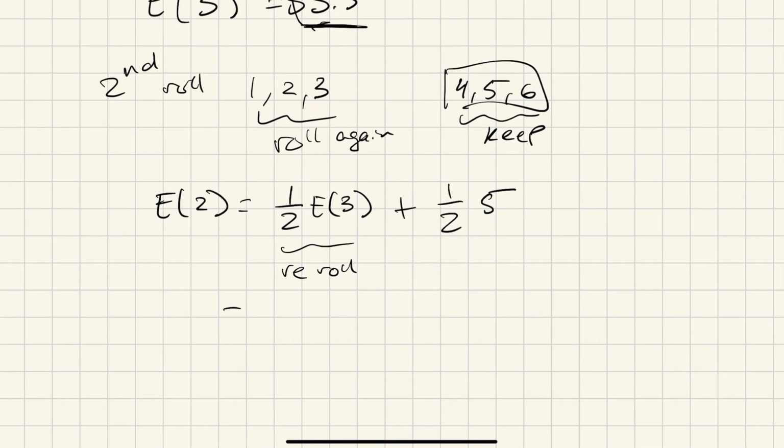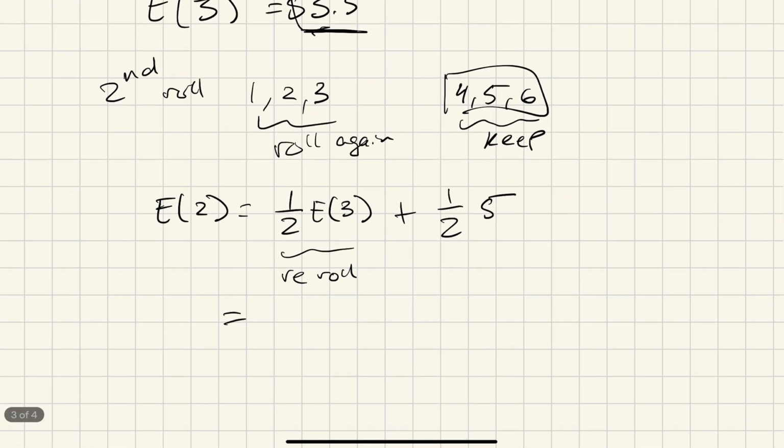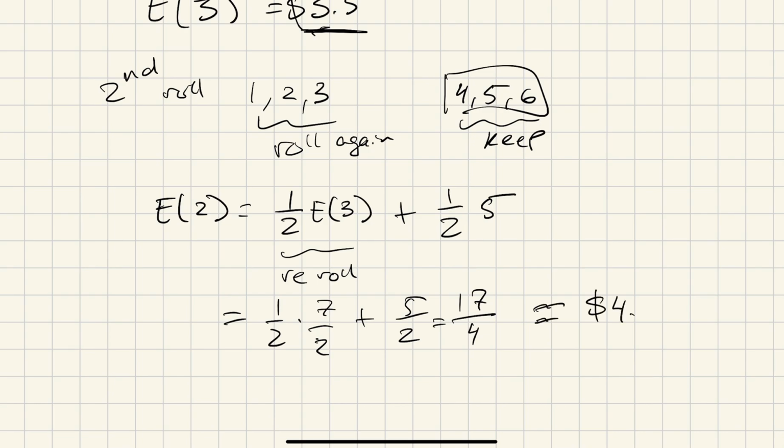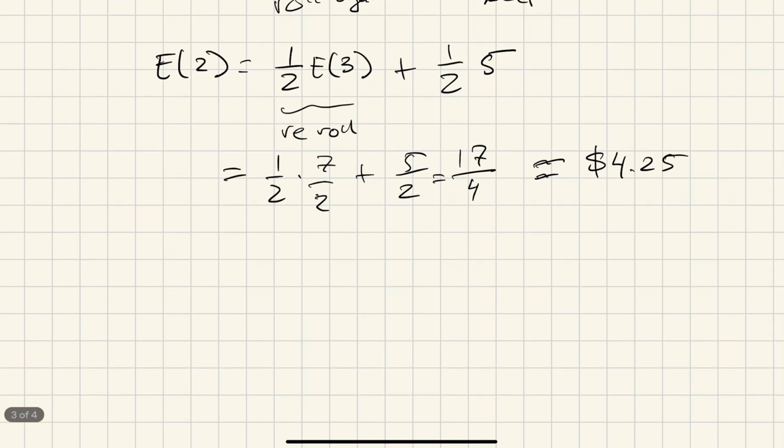So when we do out the math here, we get 1/2 times 3.5, which becomes 7/4, plus 5/2, and then that simply becomes 17/4, which is equal to exactly $4.25. Okay, so we know the expected value of roll 2 is $4.25.